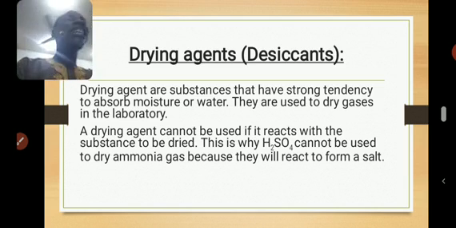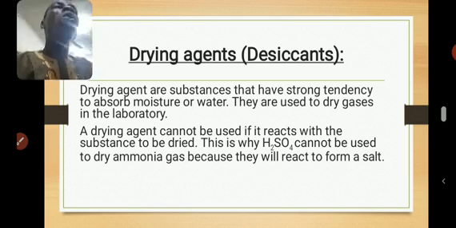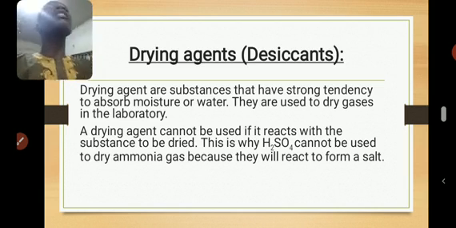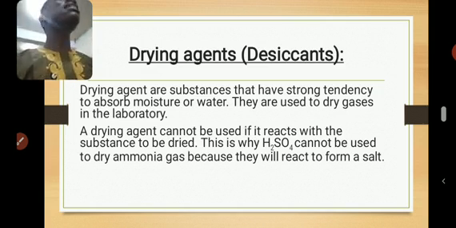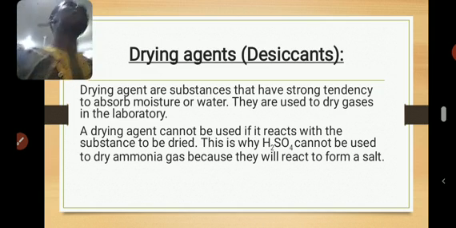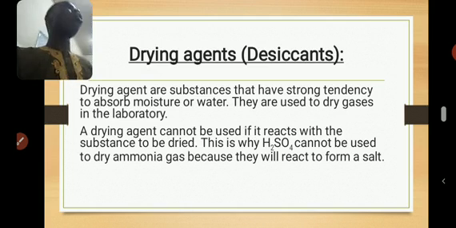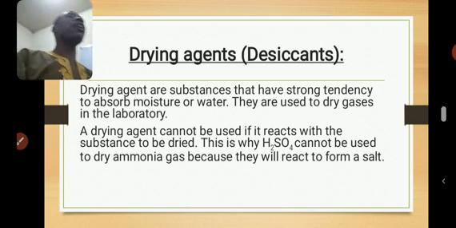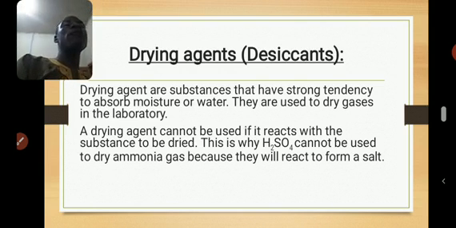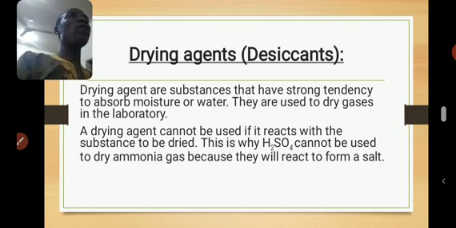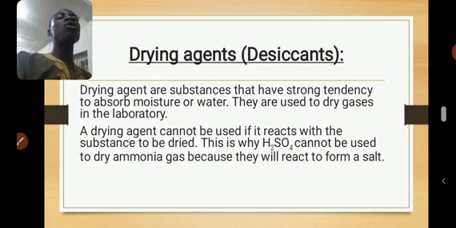But drying agents, generally, don't only dry solids, they can also dry gases. Are we together? So drying agents are substances that absorb moisture from the atmosphere, or that have a strong tendency to absorb moisture from the atmosphere. They can dry solids, and they are majorly used for drying gases.